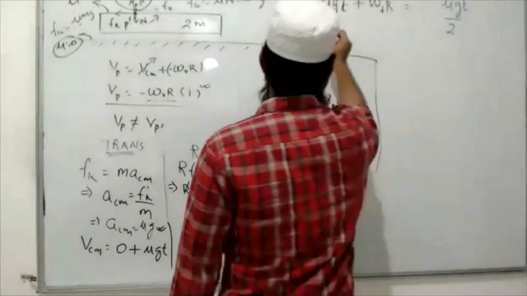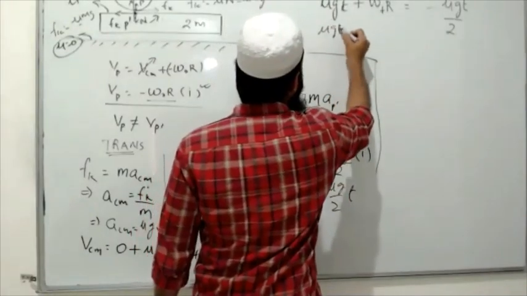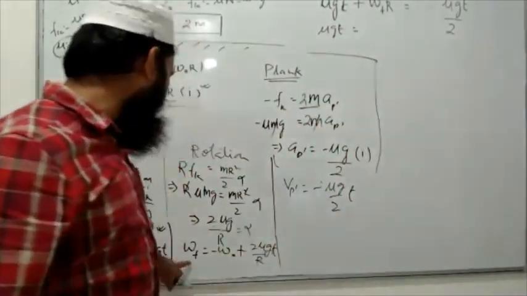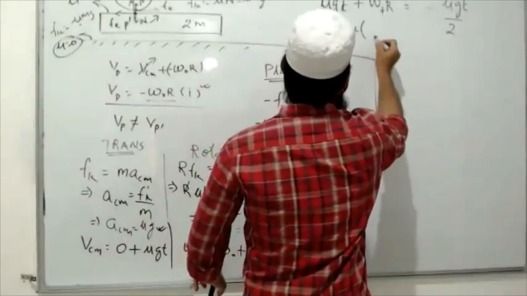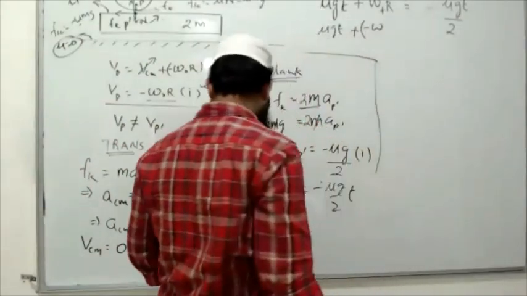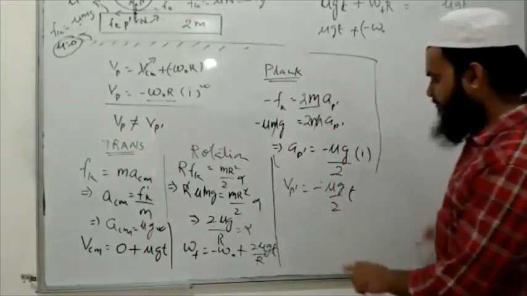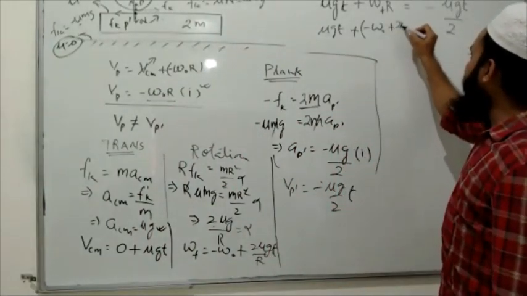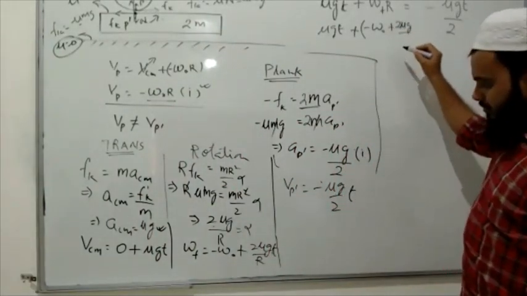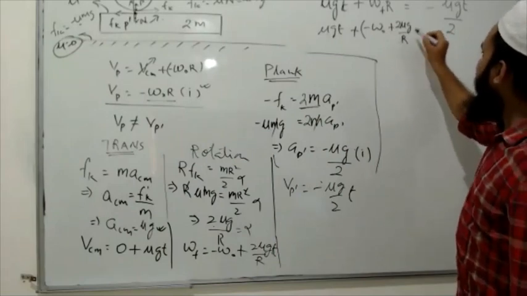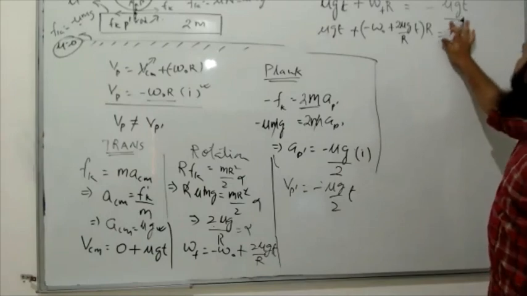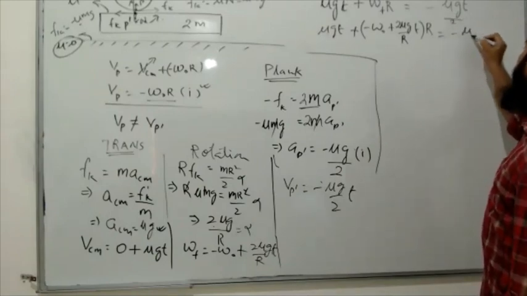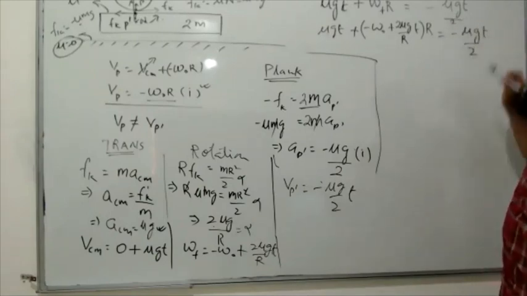Now see, I am writing mu g t, and I am writing the value of the omega final, that is minus omega initial plus 2 mu g by r into t, into capital R. This will be equal to minus mu g t divided by 2.